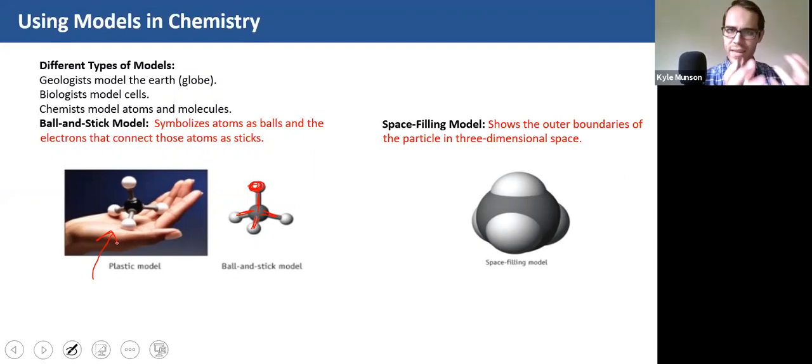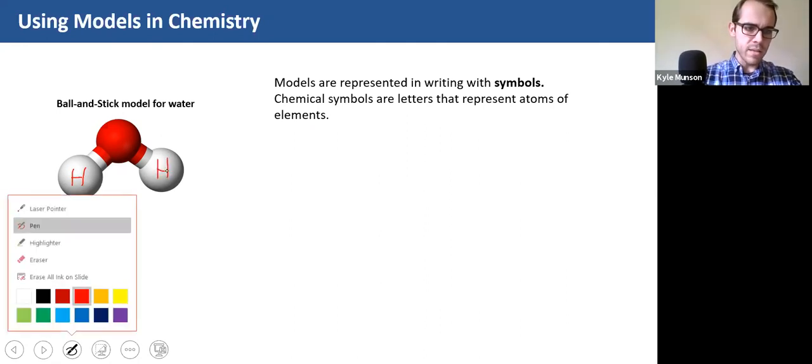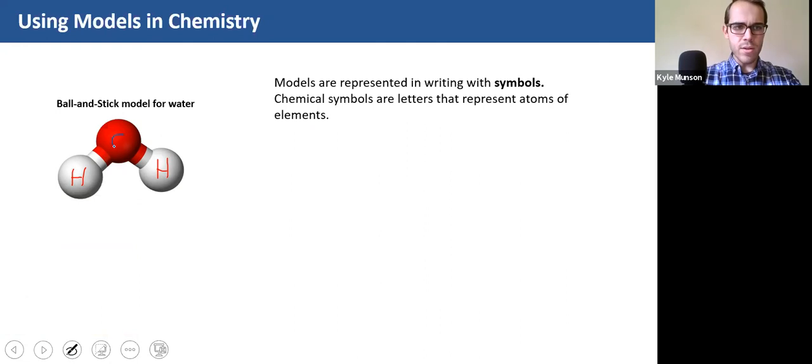So again, two representations for a particle that we'll see throughout this course. So finally, for this video, here's a ball and stick model for water. Okay, so these guys would represent hydrogen. We'll talk about the element symbols later in the class. And here's oxygen right there.